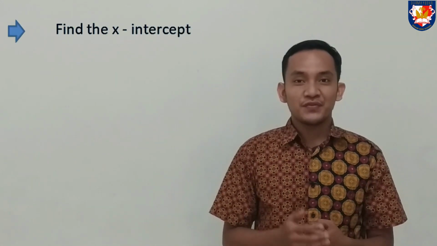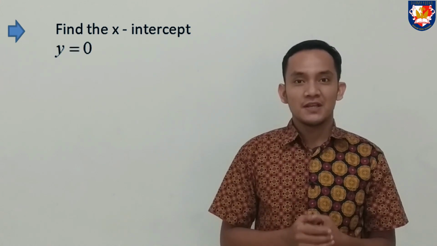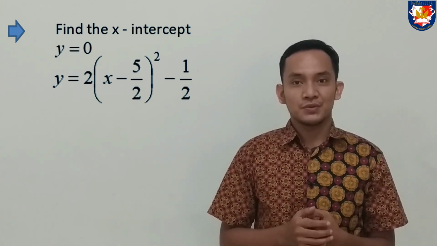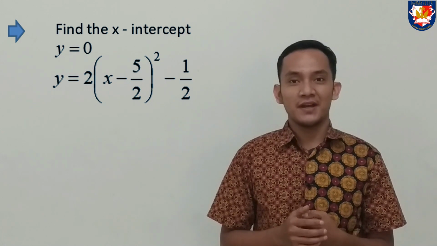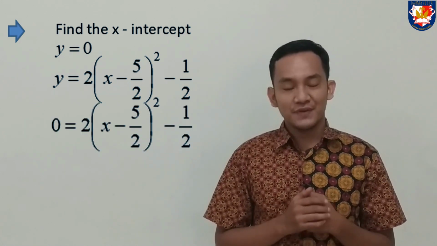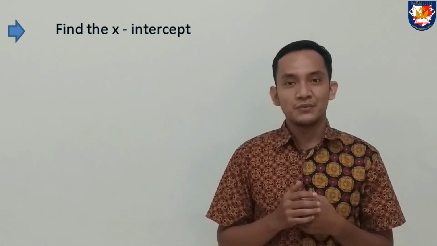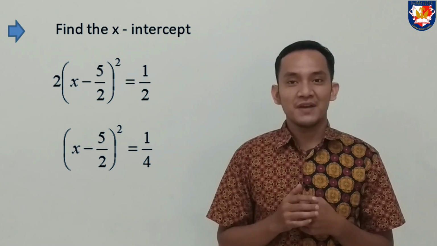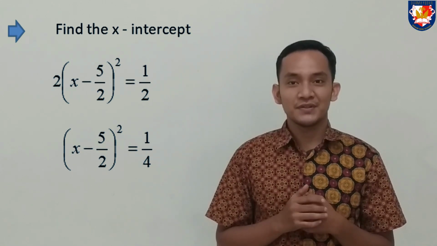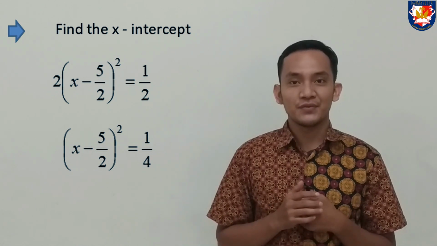The next step is to find the x-intercepts. An x-intercept means that y equals 0. So 2 times (x minus 5 over 2) squared minus half equals 0. And here we get 2 times (x minus 5 over 2) squared equals 1 over 2, or (x minus 5 over 2) squared equals 1 over 4.